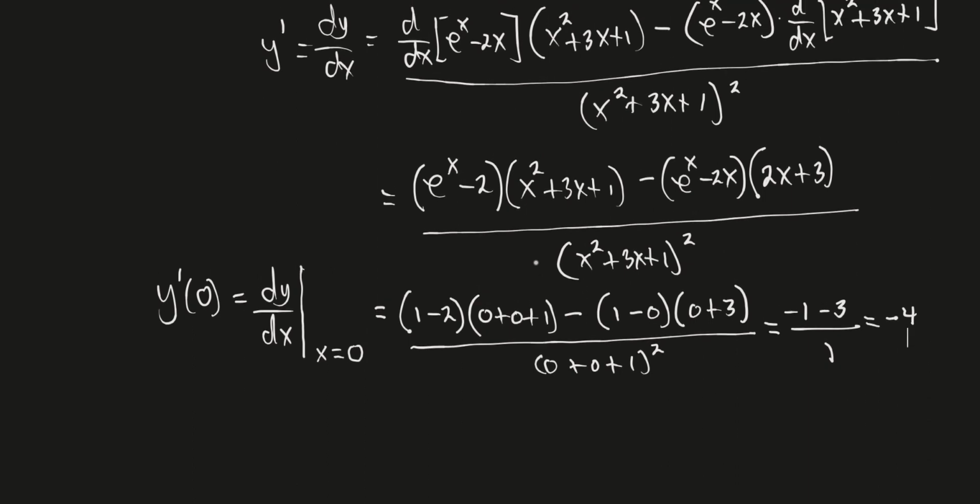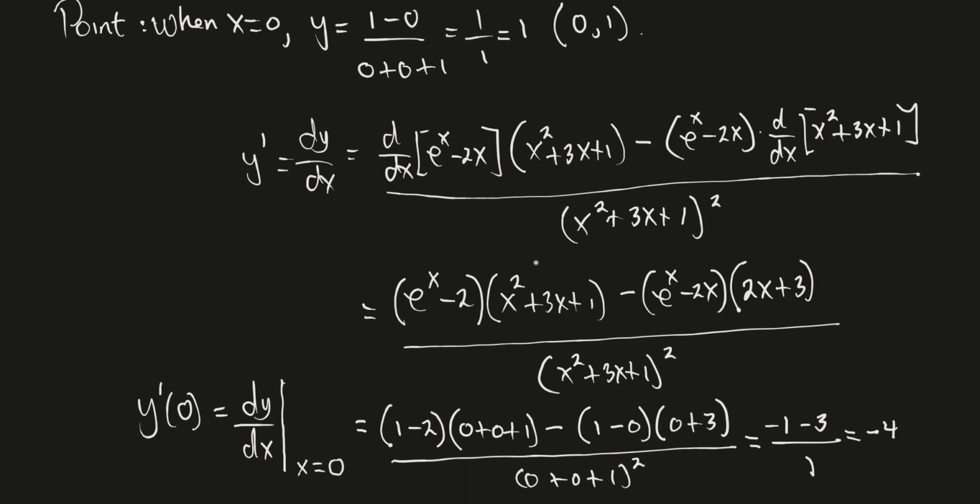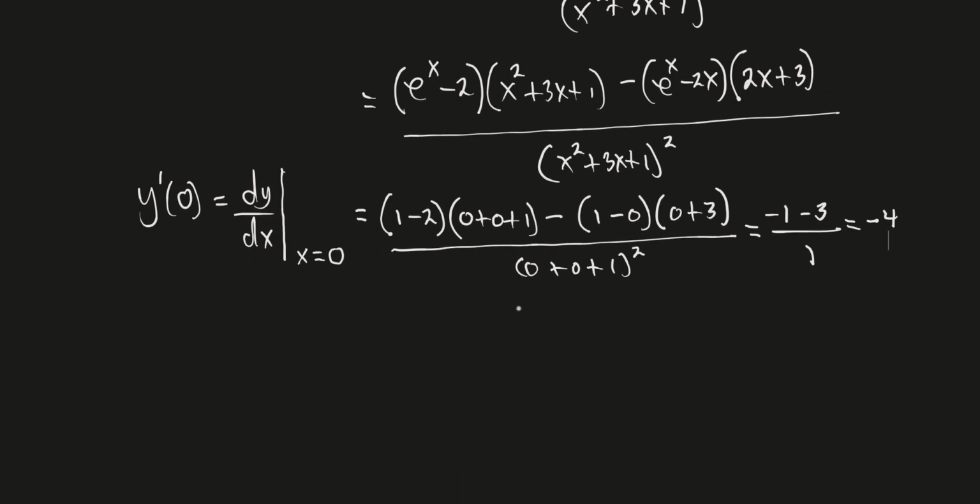We know the point. Let me scroll back up so you can see the point right there. 0, 1. So we have the point, we have the slope. Now we can use either y equals mx plus b, which is our slope-intercept form, or y minus y0 equals m times the quantity x minus x0. So I think you know my preference by now. So here's the equation of the tangent line.